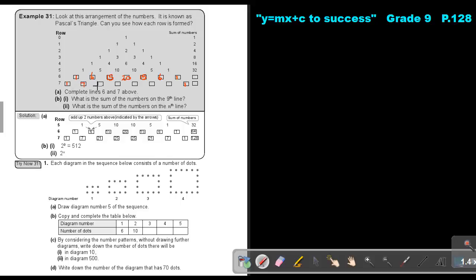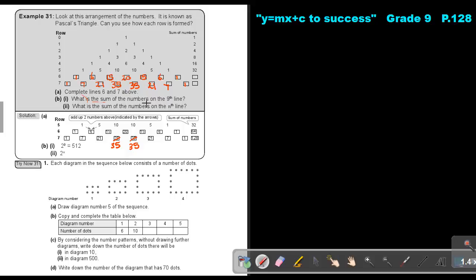This is 7. This is 21. These two add up, 35. Is it? Yes, it's going to be 35. There's a mistake. That must be 35. This must also be 35. So this is 35. This is 21. This is 7. And basically they just ask you to complete the lines.